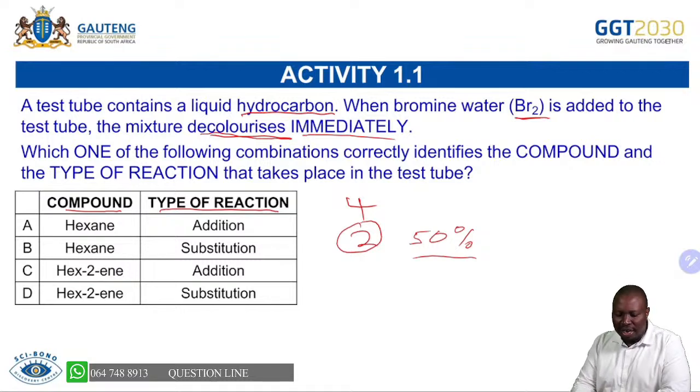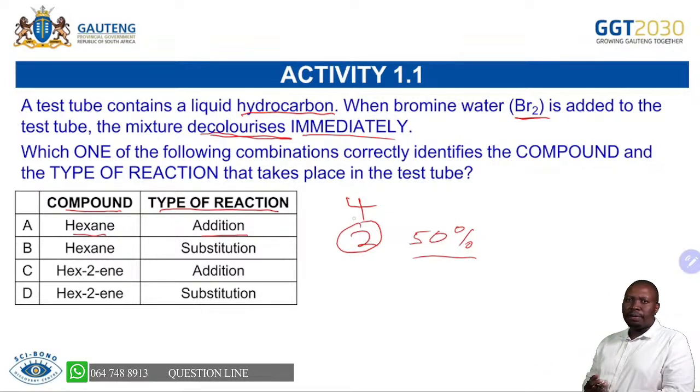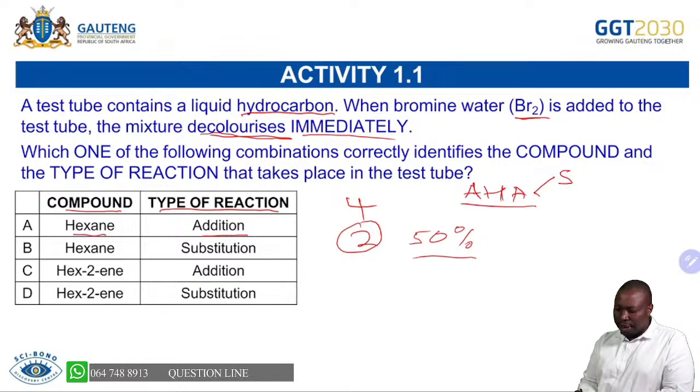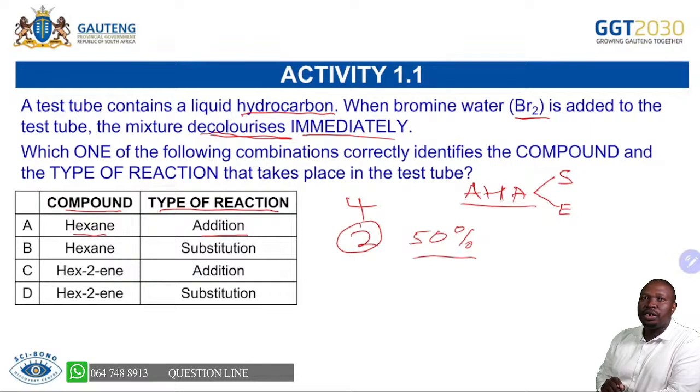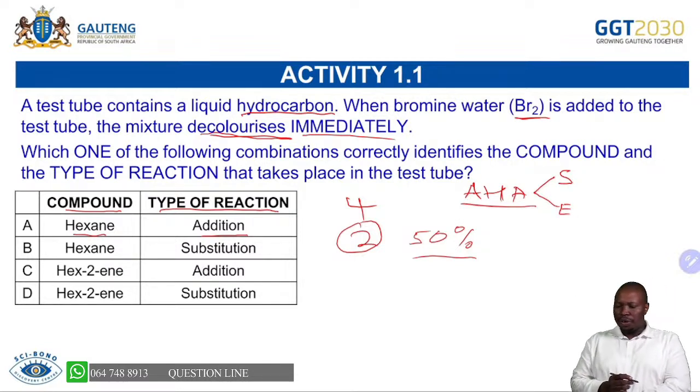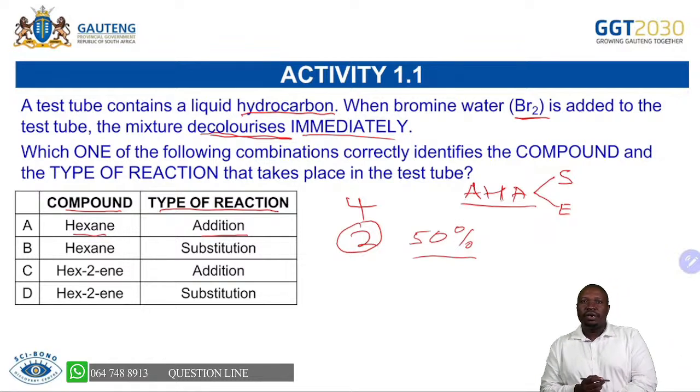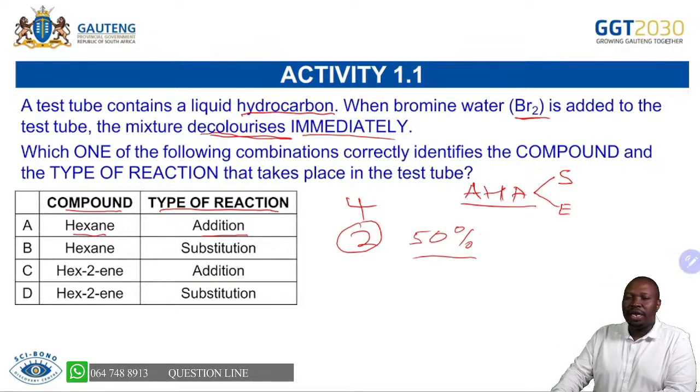So the first compound that we are given as option A, they are saying is hexane, and the reaction is addition. And you know very well that alkanes don't undergo addition. Alkanes, haloalkanes, and alcohols, they undergo substitution and elimination. So when you see alkanes, haloalkanes, and alcohols, you know they will undergo either substitution or elimination, and then oxidation as well for alkanes.